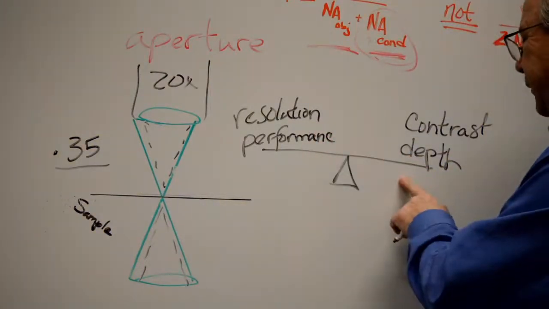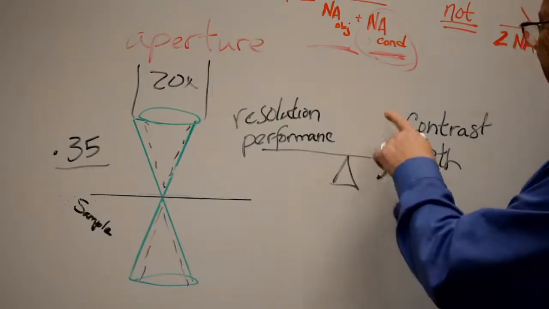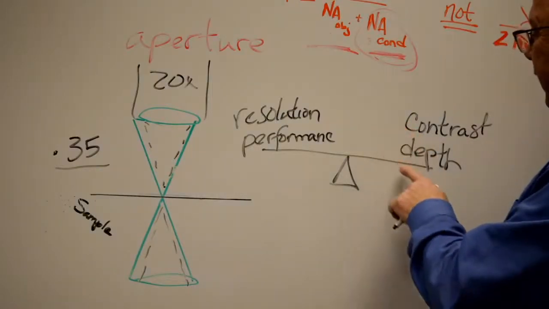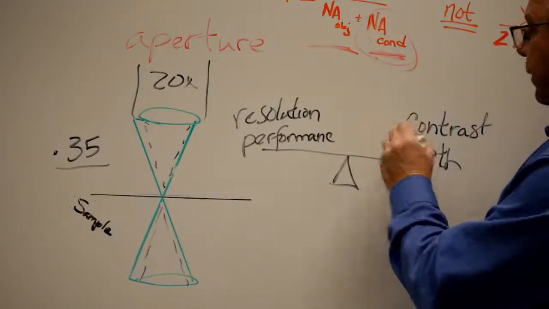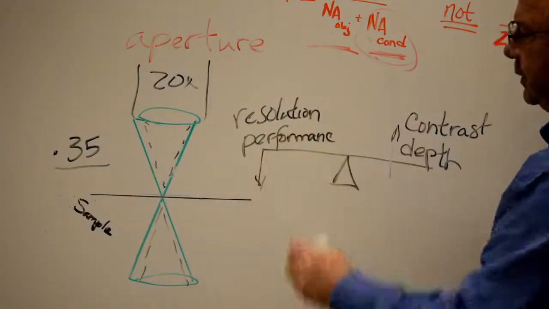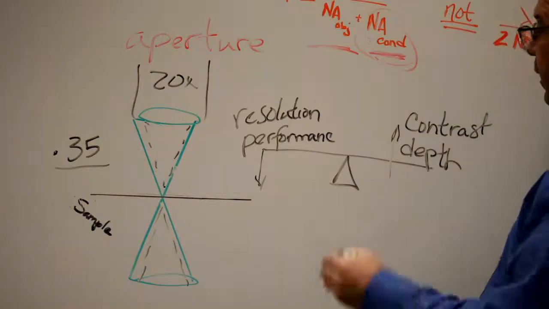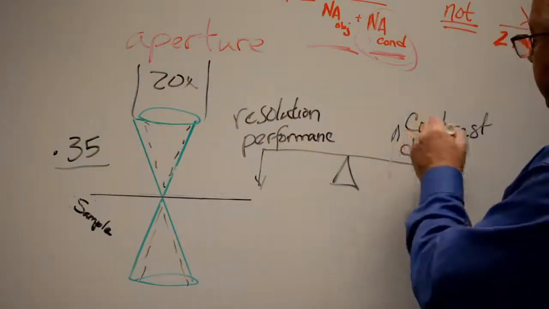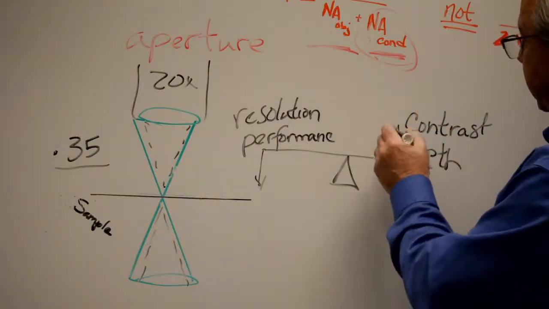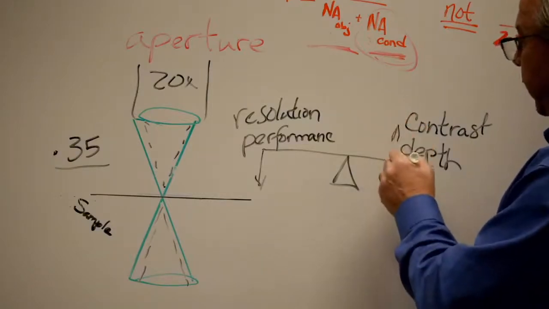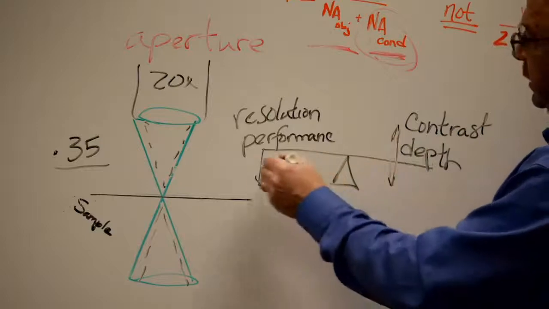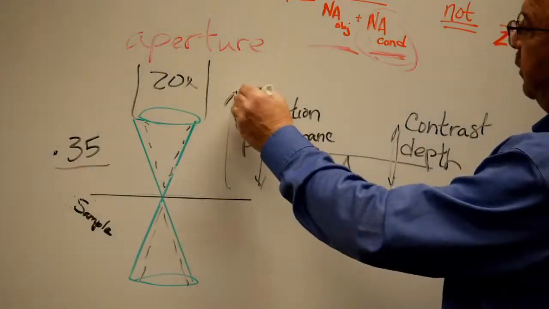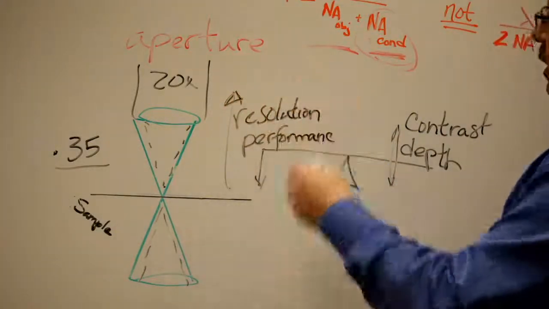When I close down my aperture diaphragm, I improve my contrast and depth. So that's going to go up, and my resolution performance is going to go down. The reverse of that is true, as I open that condenser up and I begin to lose contrast and depth, my resolution performance goes up.